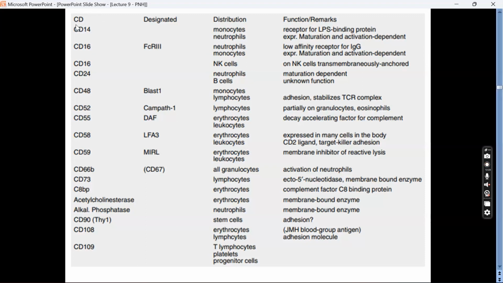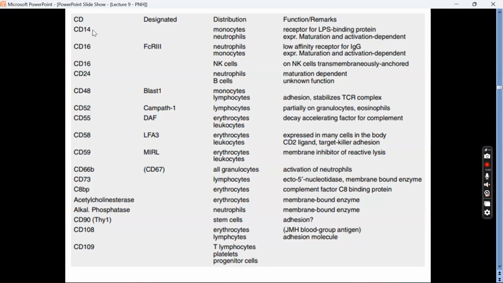Now, these are some of the surface proteins or CD molecules which are GPI linked. So in PNH patients, the cells will not have these particular antigens or proteins on the cell surface. It depends upon the cell type also.